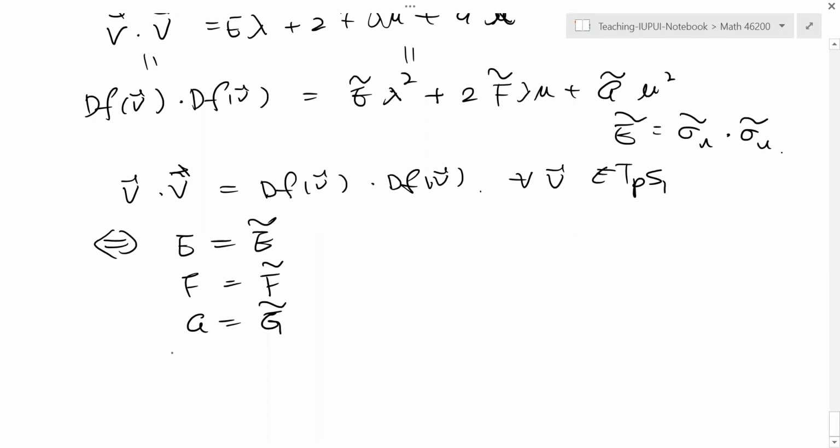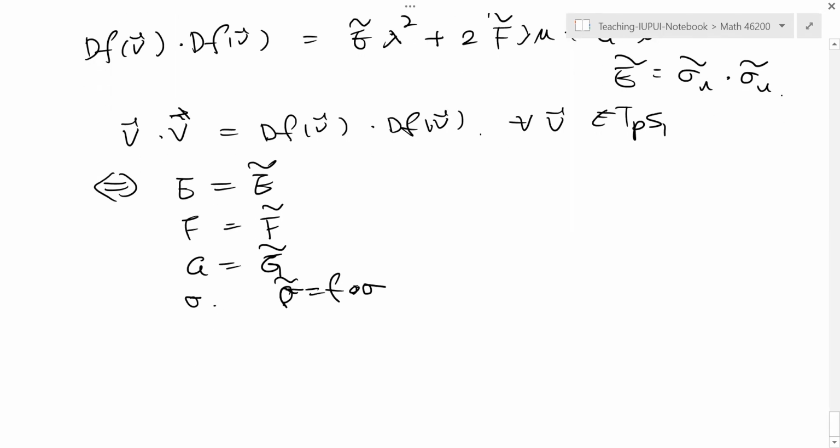This is with respect to sigma. This is sigma tilde. Okay, right. When you're talking about E, F, G for the first fundamental form, you have to mention which surface patch you use.